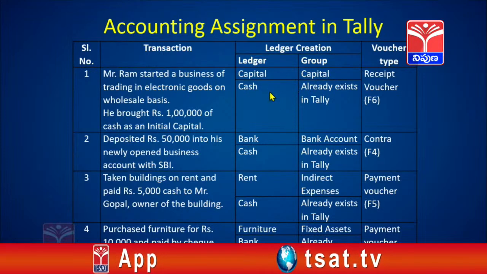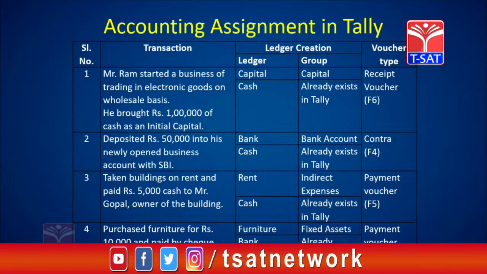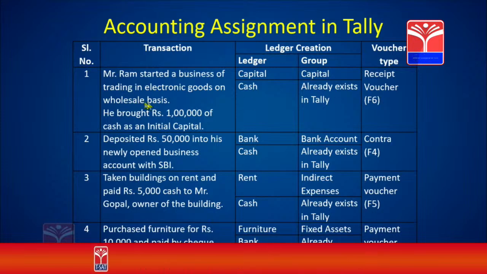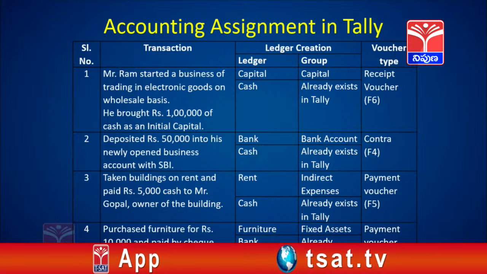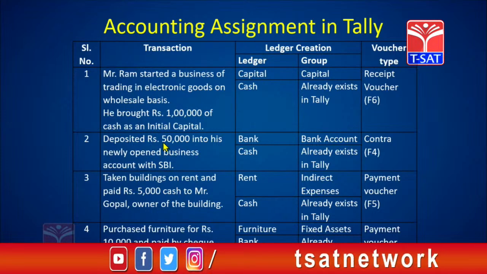One more important thing you should remember: in Tally, the cash account already exists by default, so you need not create a cash ledger. Also remember, this transaction is entered in receipt voucher because cash is coming to the business in the form of capital.